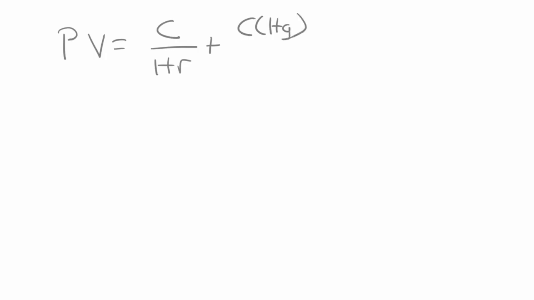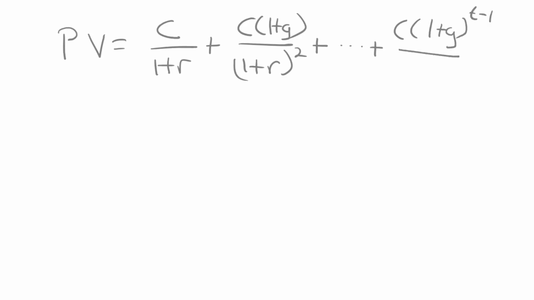So we have a very beautiful formula for this. Let's just write out what we had to begin with. C discounted back 1 year. C times 1 plus G discounted back 2 years. And on and on. A typical term in the future is going to have C times (1 plus G) to the T minus 1 discounted back T years, and on and on.